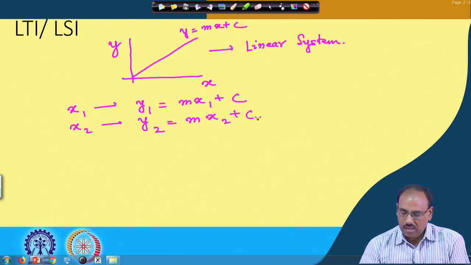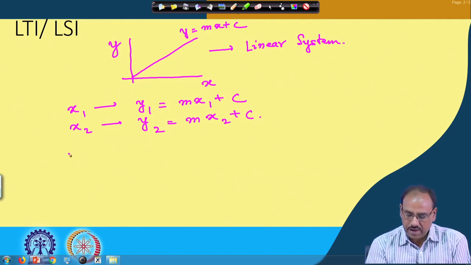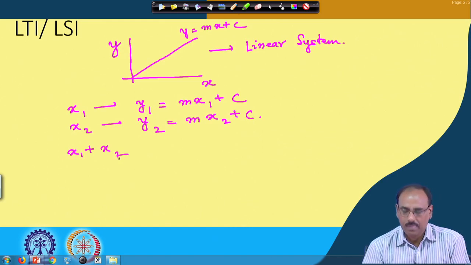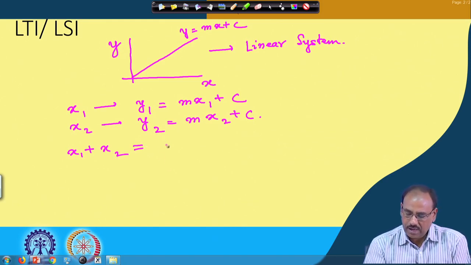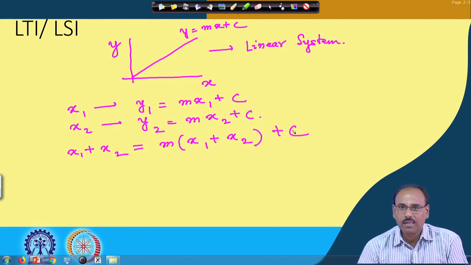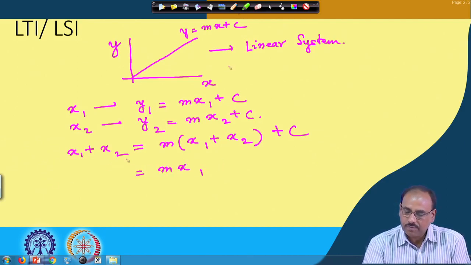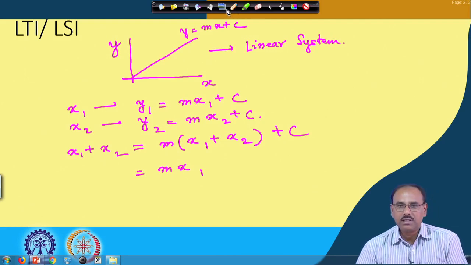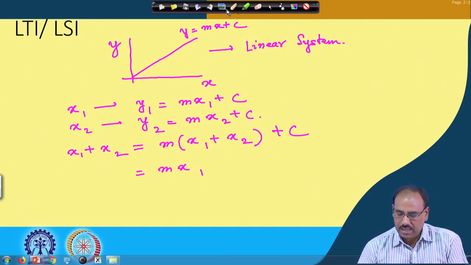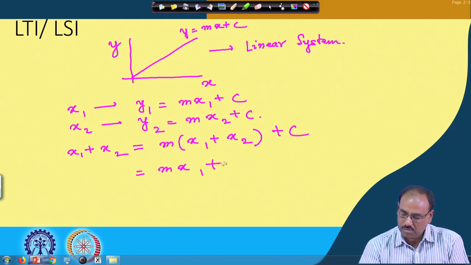Now if I give an input which is say x1 plus x2, the output of the system is m into (x1 plus x2) plus c, which is m into x1 plus m into x2 plus c.